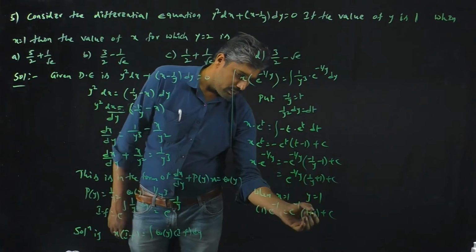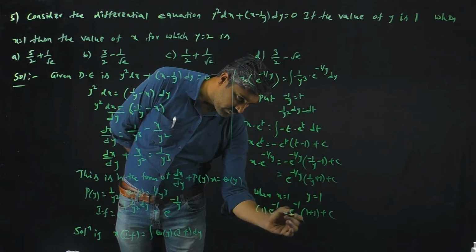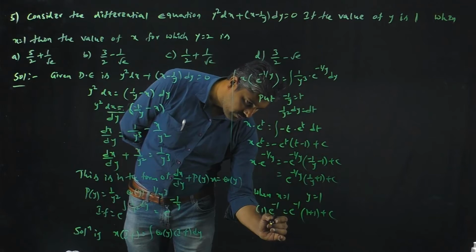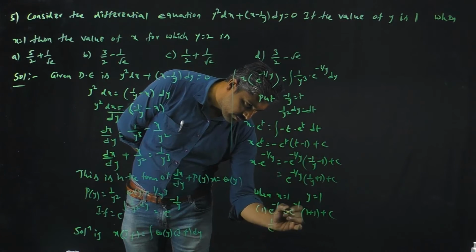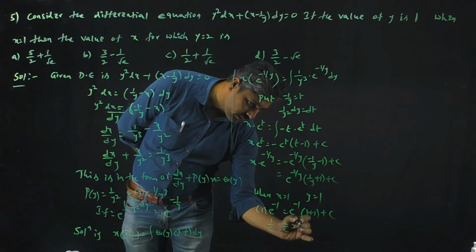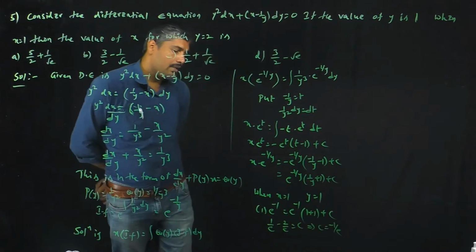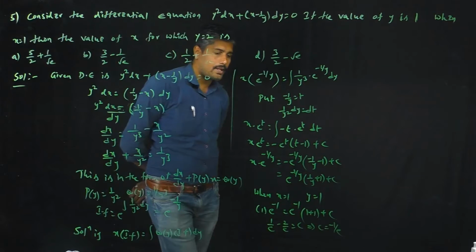Therefore e power minus 1, that is 1 by e, minus 2 by e equal to c. Therefore c equal to minus 1 by e.